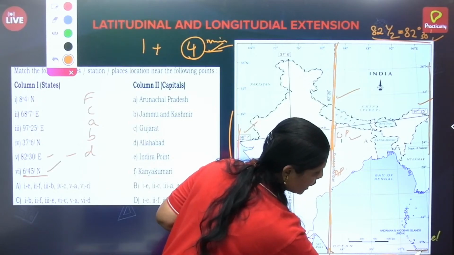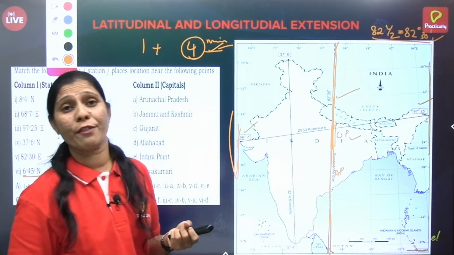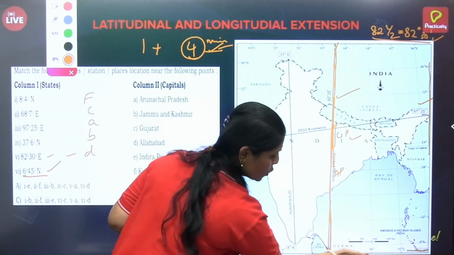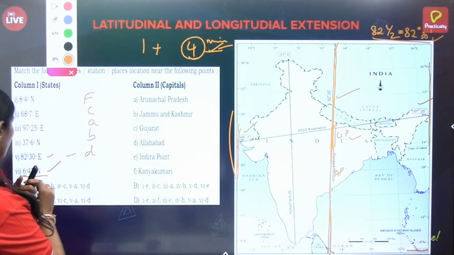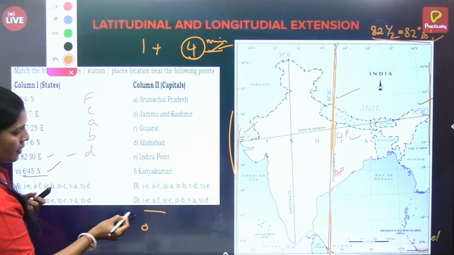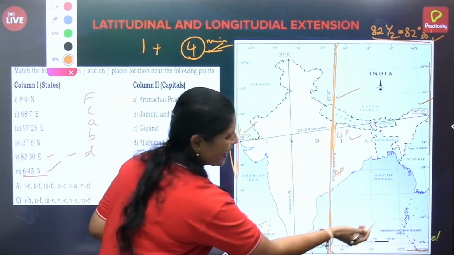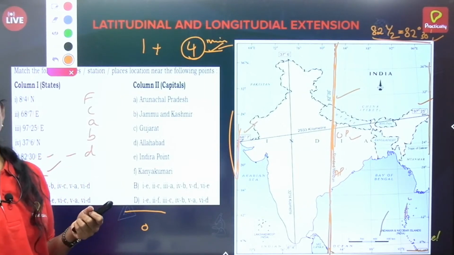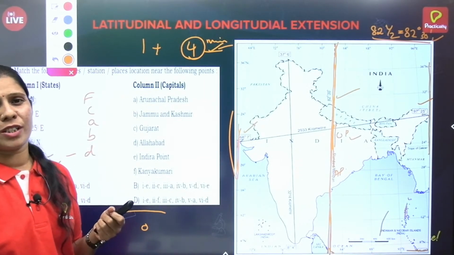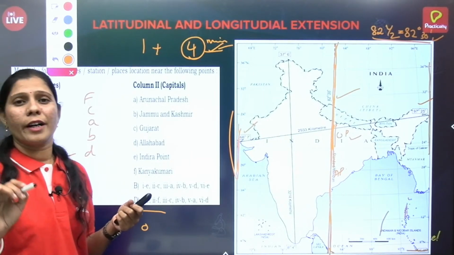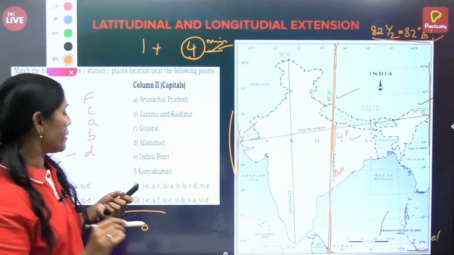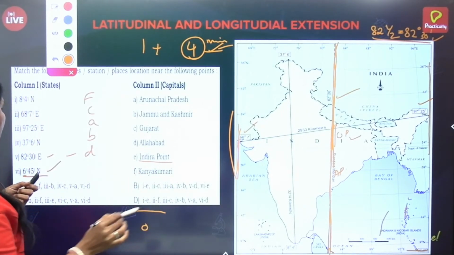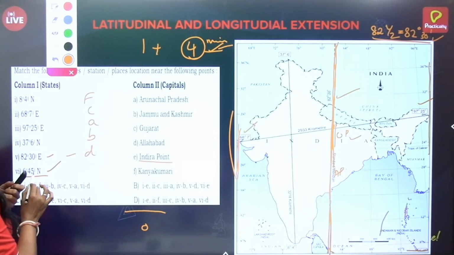This is the longitude, 6 degrees 45 minutes, which is very close to the equator. 6 degrees means it's just above 0. That is in the Andaman and Nicobar Islands, the place Indira Point, which was the end point of the country and was submerged in the 2004 tsunami. It is the ending point of the Andaman Nicobar Islands, at 6 degrees 45 minutes.